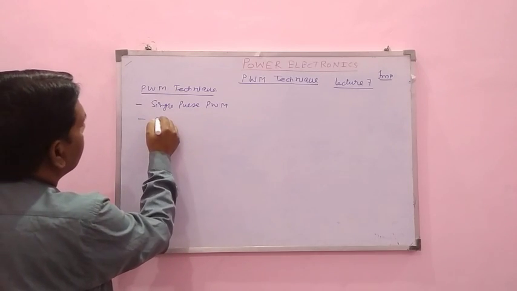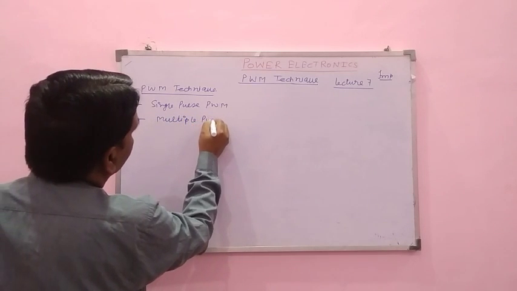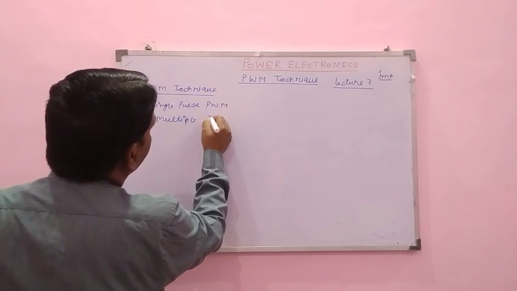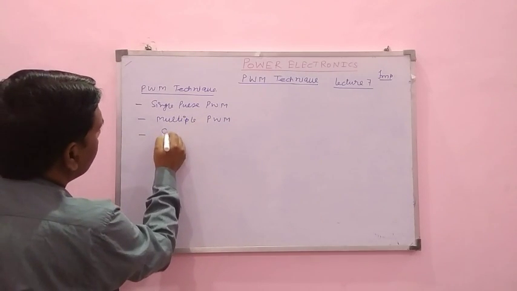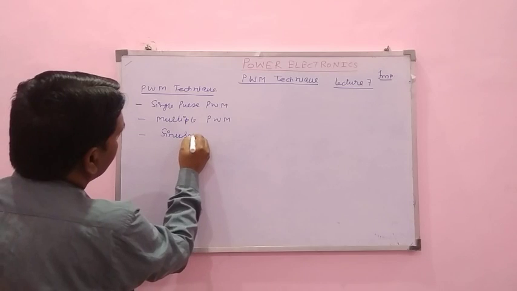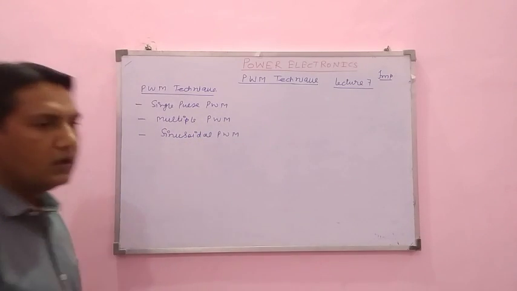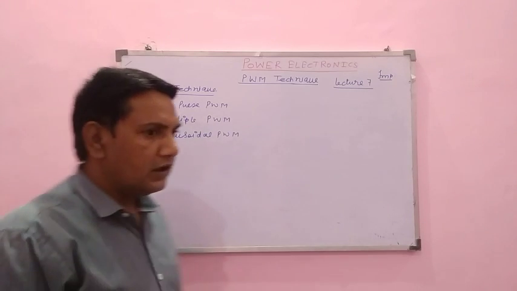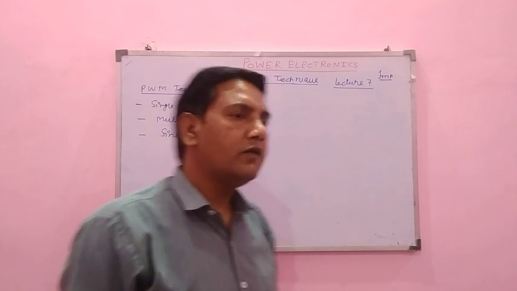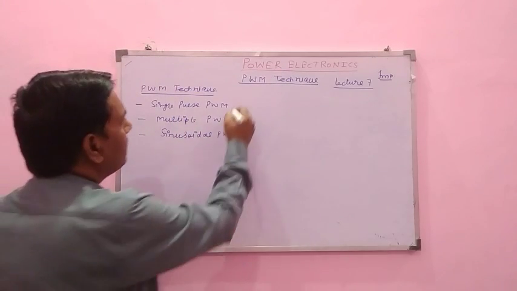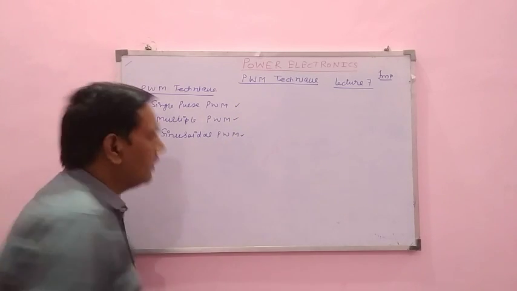Second we will discuss multiple pulse PWM. Third one we will discuss sinusoidal PWM. Okay. So here we will discuss three techniques. These three techniques of pulse width modulation are used to control the amplitude of output voltage. First is single pulse PWM, second is multiple pulse, and third is sinusoidal pulse.